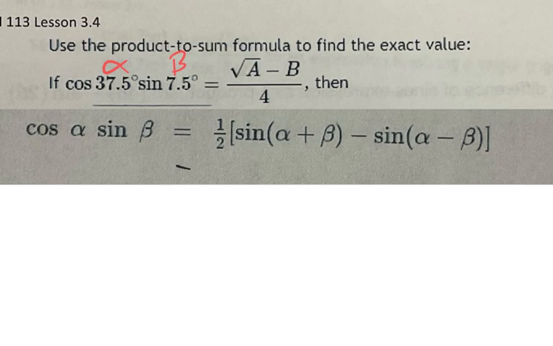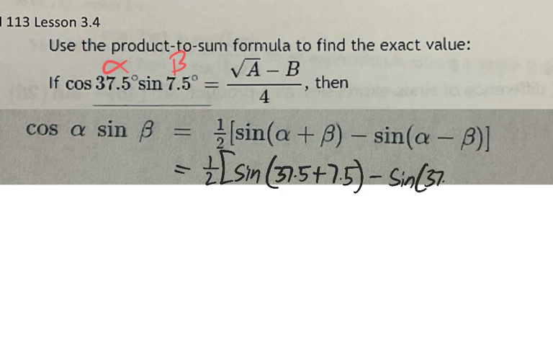So this becomes 1/2 times sine of alpha, which was 37.5, plus beta, which was 7.5, minus sine of alpha, 37.5, minus beta, 7.5.